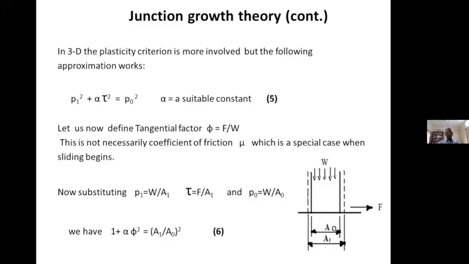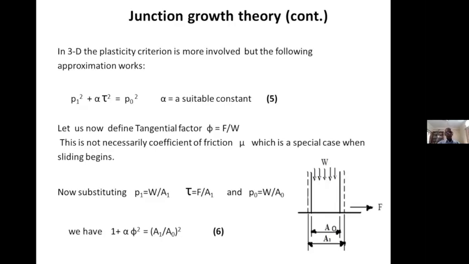And it has been seen that alpha is a suitable constant. It has been seen that this works well even for the 3D plasticity situation. So P1 square plus alpha tau square equal to P0 square is the governing equation for a 3D contact growth situation.